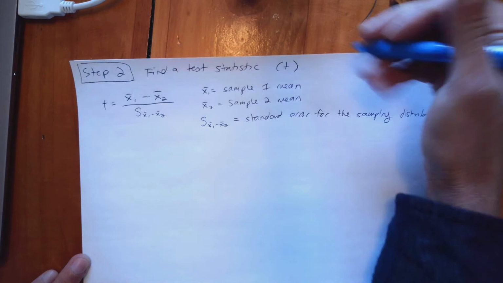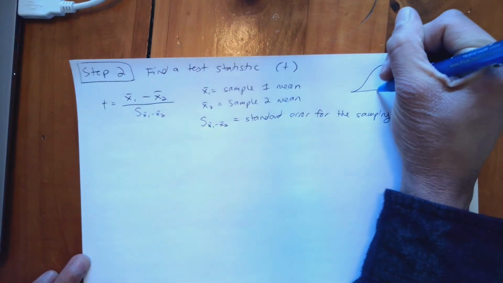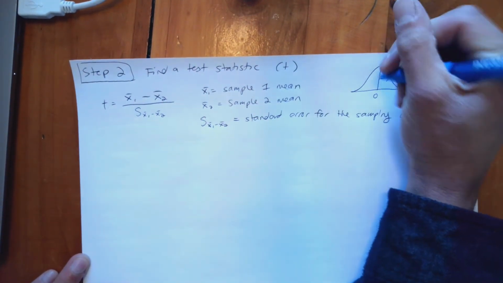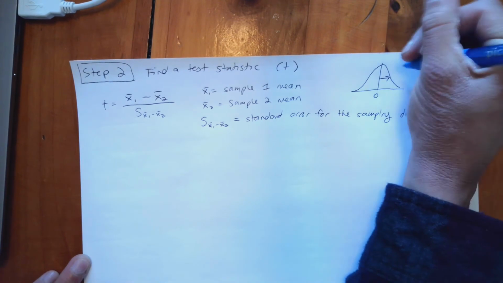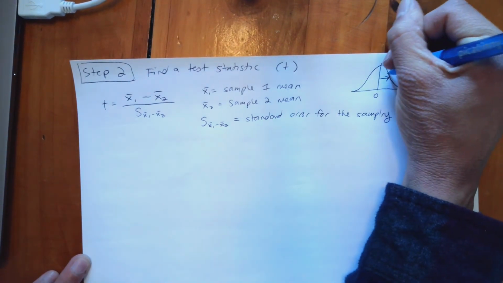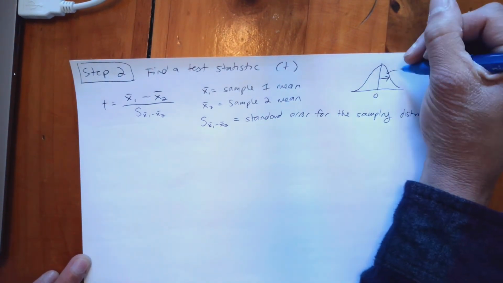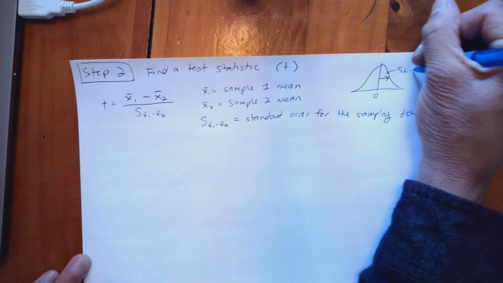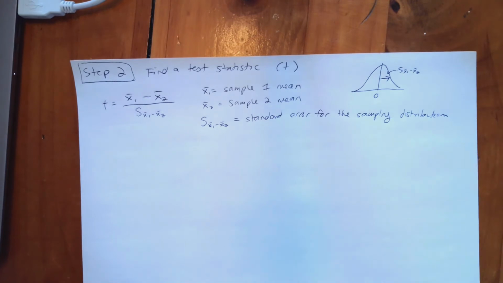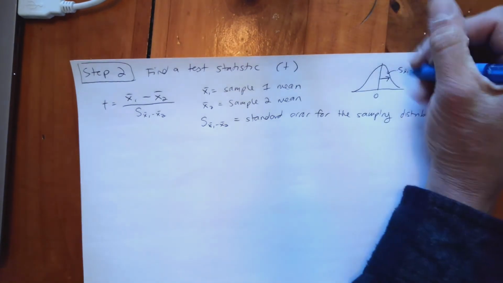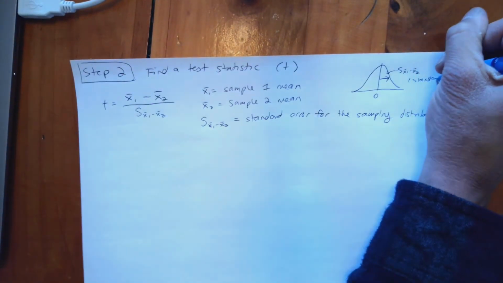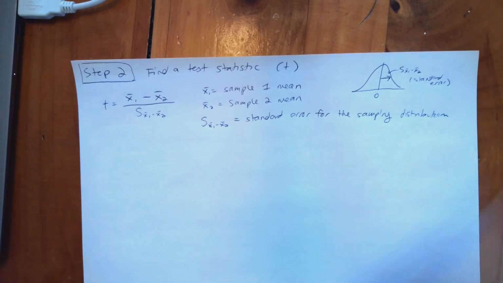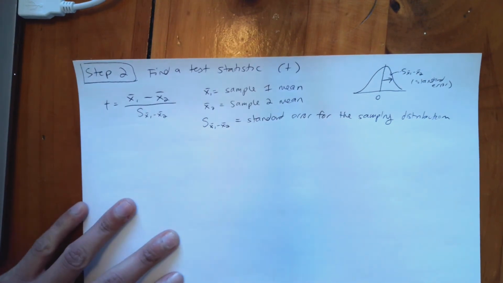But as a reminder, what it refers to is the standard error for your sampling distribution for the difference in means. And it's calculated based on the sample standard deviations and the sample sizes. But again, I'm just going to give it to you.